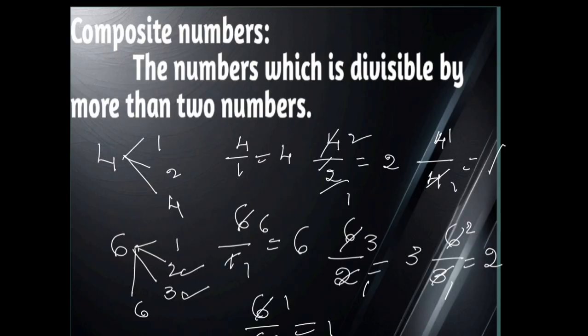The numbers which have only 2 factors, 1 and itself, we call prime numbers. The numbers which have more than 2 factors, we call composite numbers.